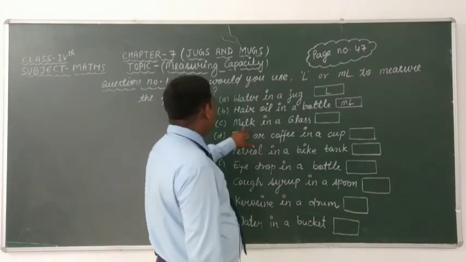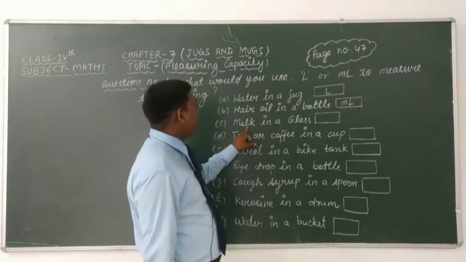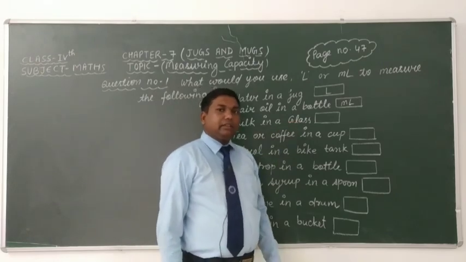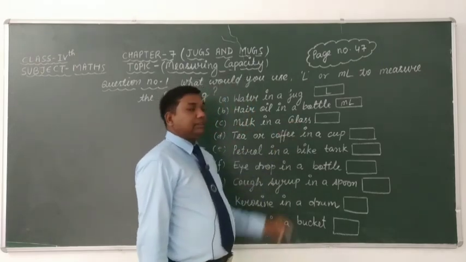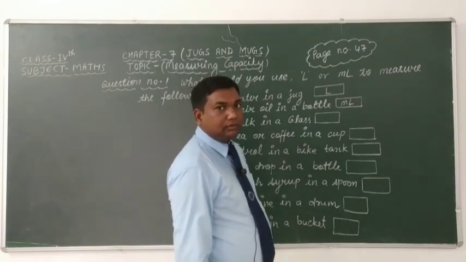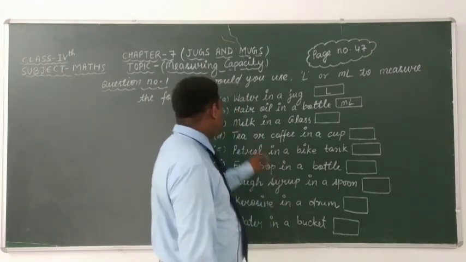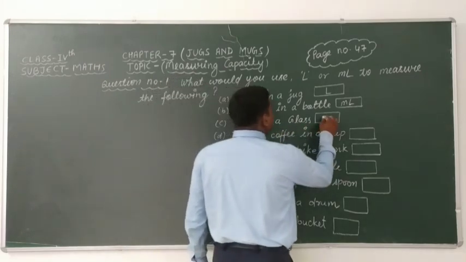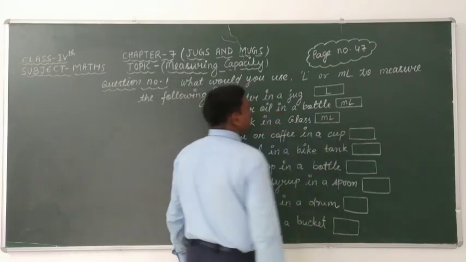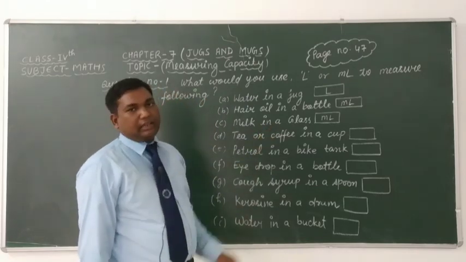Clear? Dear students, look at here carefully. Here given is milk in a glass. We know that a glass has smaller quantities of milk. Therefore here we use milliliter to measure milk in a glass.